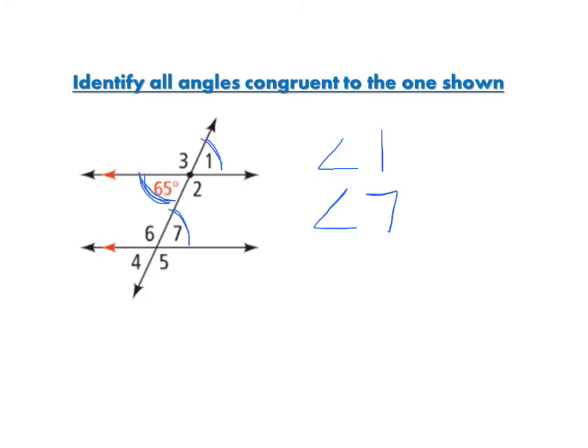And corresponding angles are congruent. Angle 4 is corresponding with that angle, so angle 4 is also congruent to that angle right there. When we have parallel lines cut by a transversal, there will always be 4 angles that are congruent. They gave us 1, we just had to find the other 3.